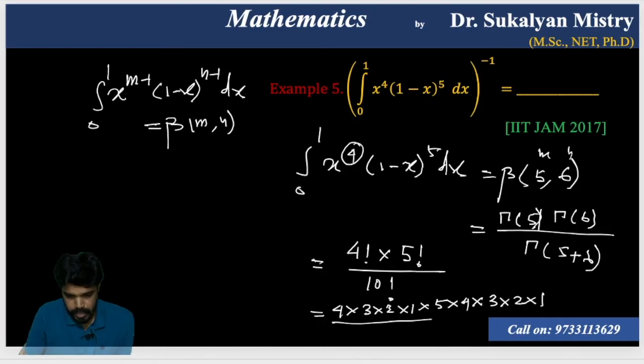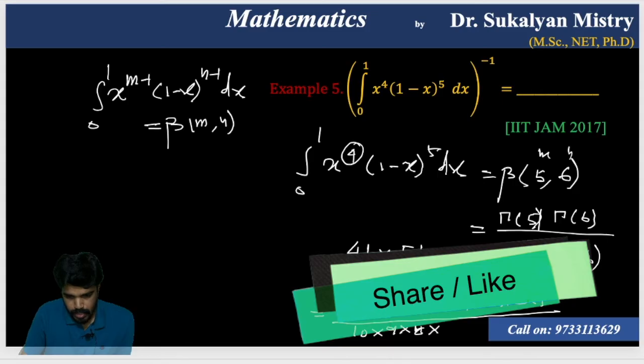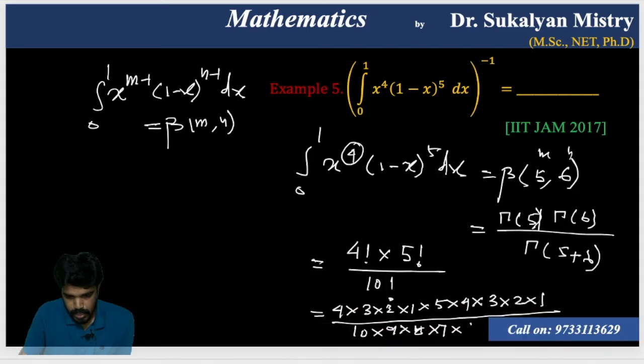Factorial 10 means 10 into 9 into 8 into 7 into 6 into 5 into 4 into 3 into 2 into 1.